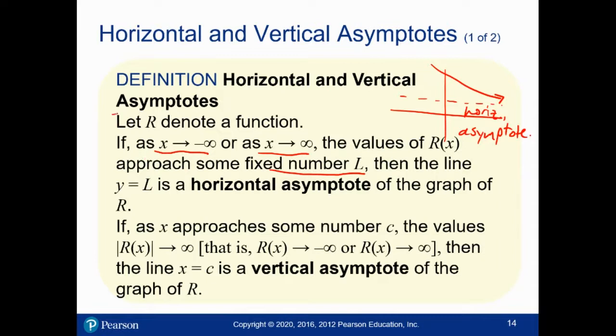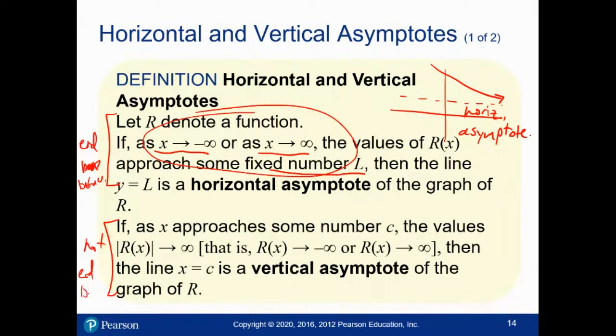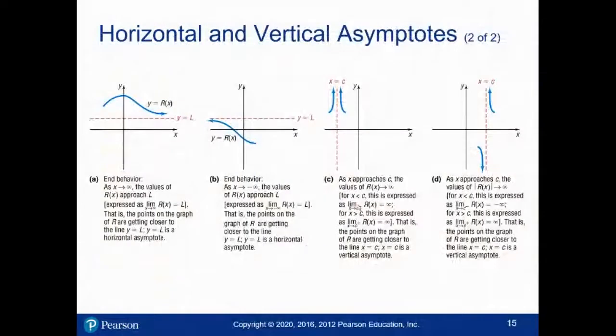So this part of the definition is end behavior, as x goes to infinity. This is end behavior because x is going to plus or minus infinity. This is not end behavior because it's as x goes to a specific number.